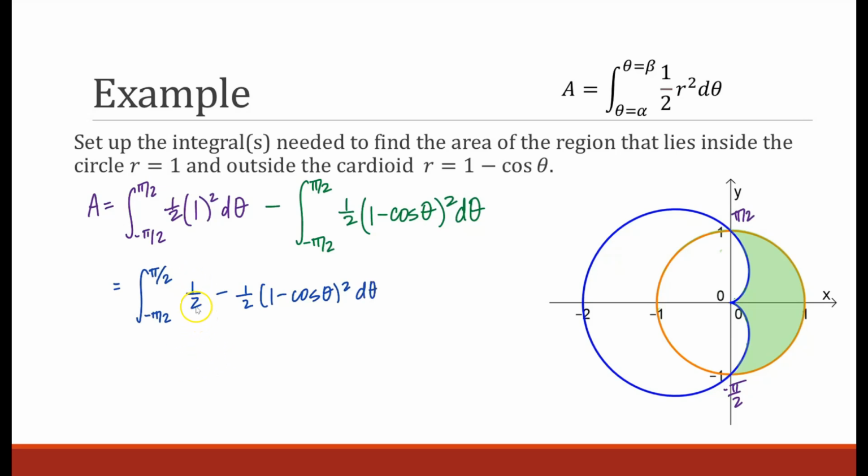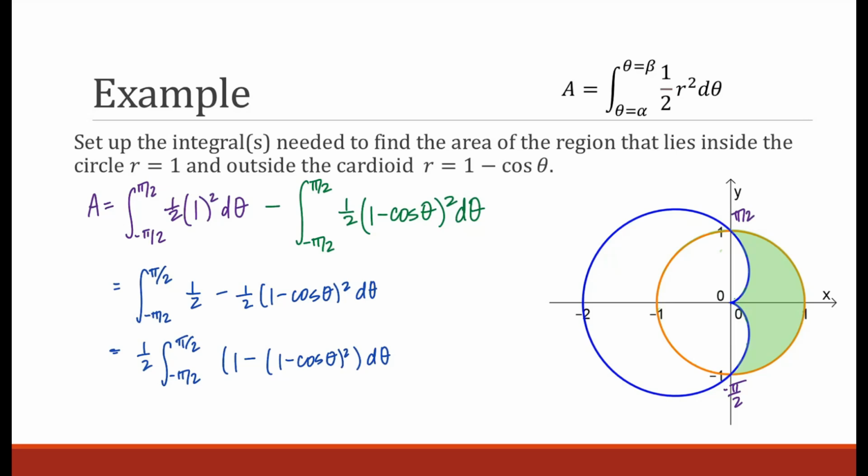And I can factor a 1/2 out of both of these if I want. So we're looking at 1/2 the integral from negative pi over 2 to pi over 2 of 1 minus the quantity 1 minus cosine theta squared d theta.